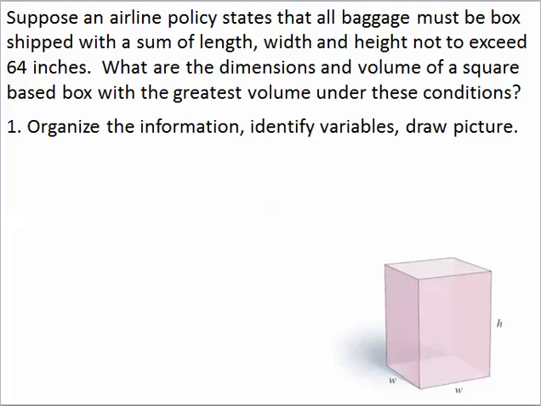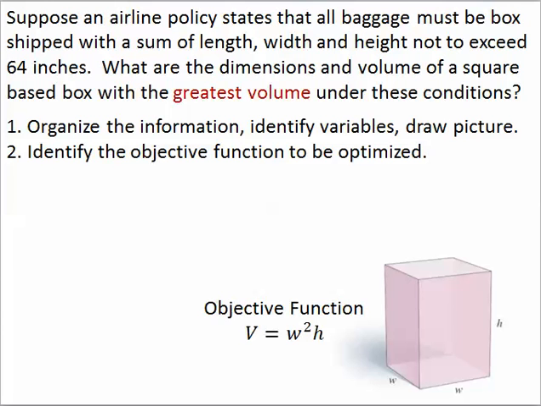We're talking about a box here with a square base. So that's what I do. I draw a box with a square base, so w times w is my base, with a height of h. You identify the objective function. I'm looking for volume, so my objective function is w squared times h.